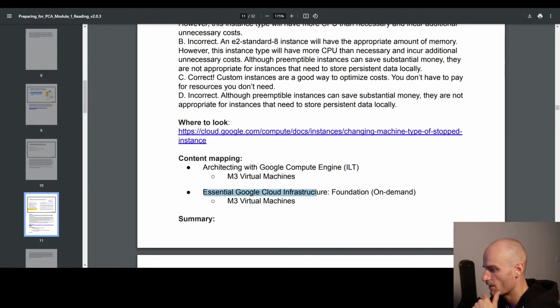Okay, essential Google Cloud Infrastructure Foundation. This could be also something I may add to my notes.